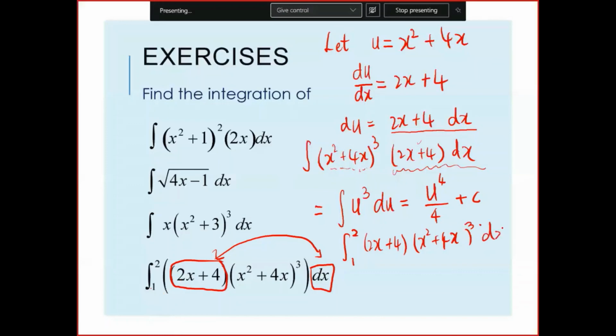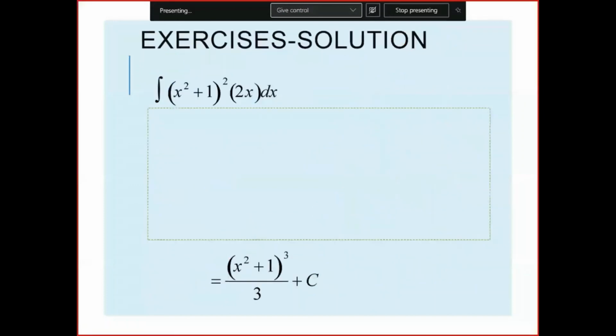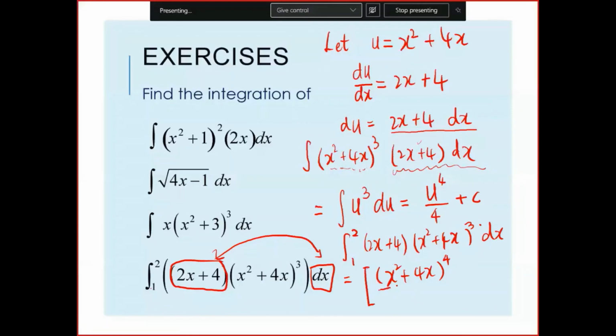So I write the answer. The u, I change back to x. Sorry, it should be x squared plus 4x, power 4, yes, over 4.